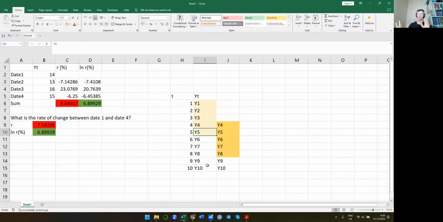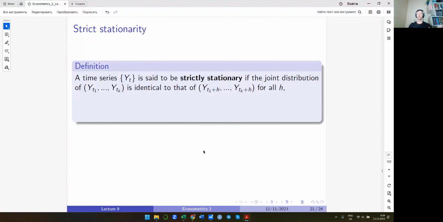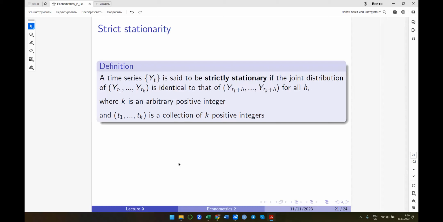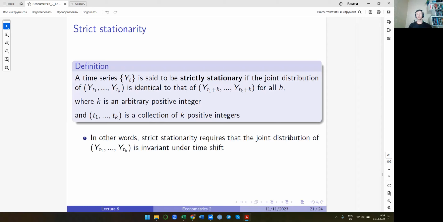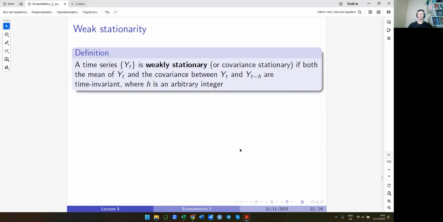So any shift that you do should give you a sequence of variables with exactly the same joint distribution. So strict stationarity requires that the joint distribution of this sequence of variables is invariant under time shift. This is a very strong condition. It is very difficult to verify empirically, I would say impossible. You are not able to do that.